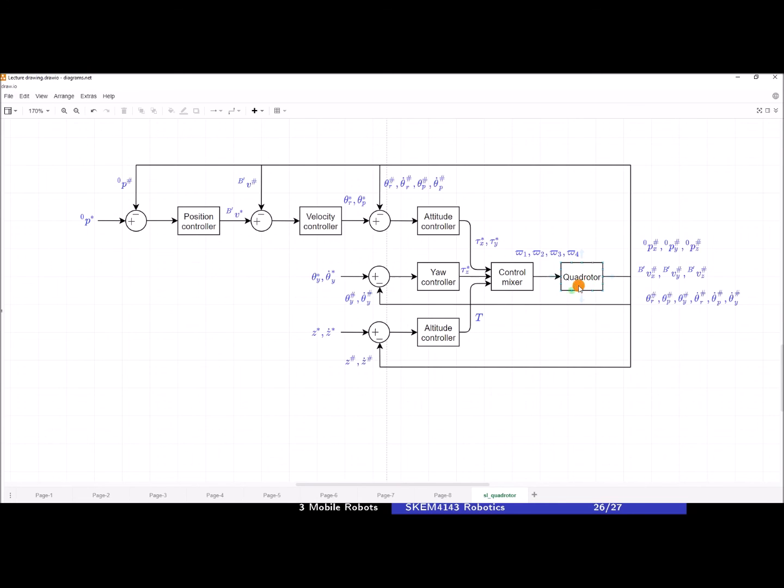The output of this block is the XYZ position, XYZ velocity, the roll pitch yaw angle, and the rate of the angles. Okay.